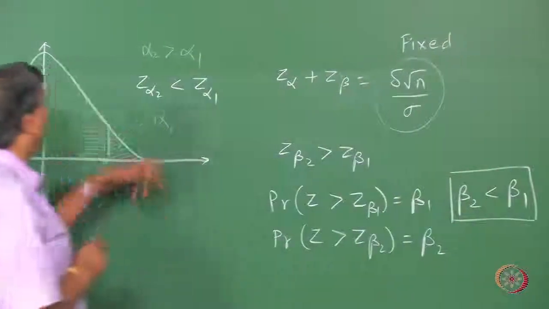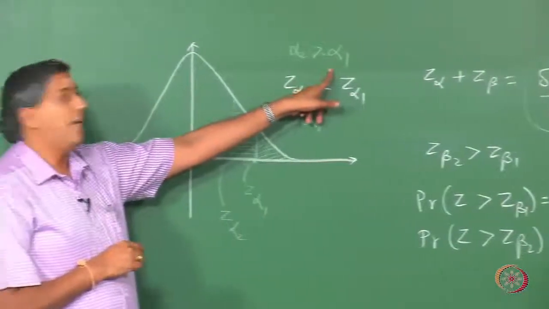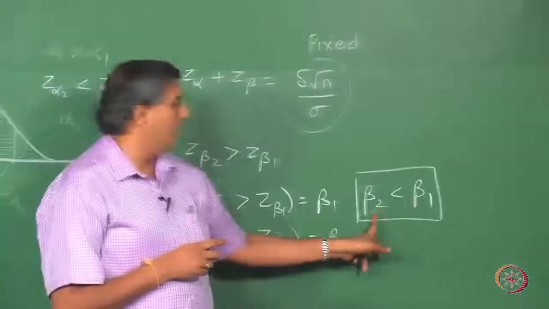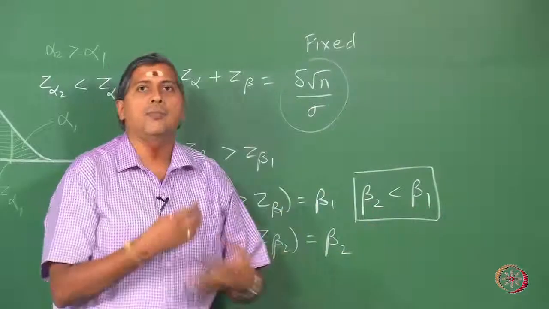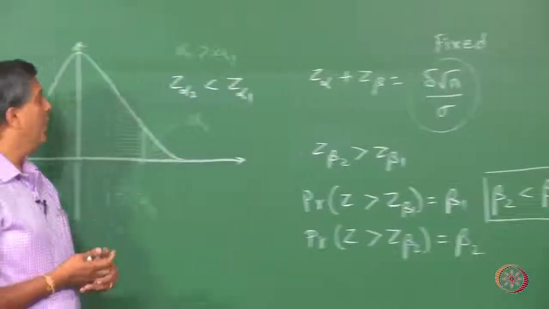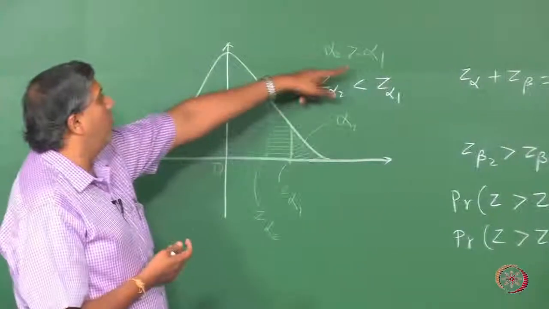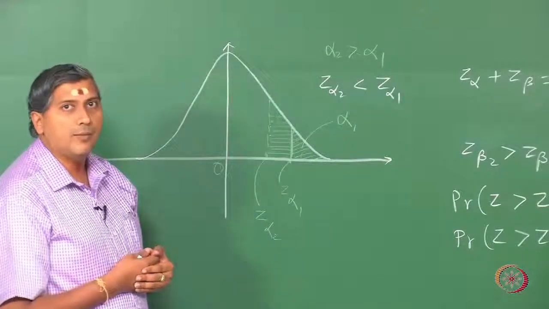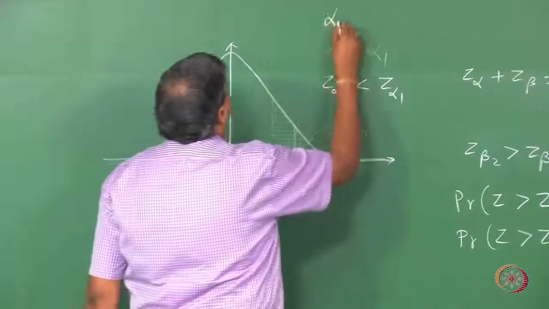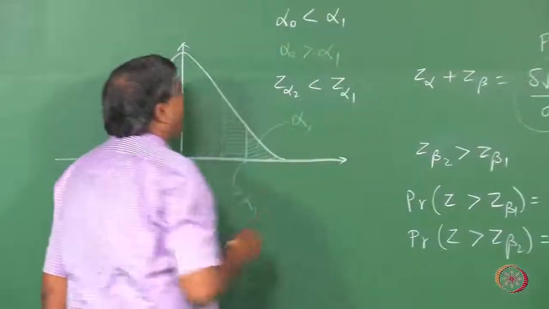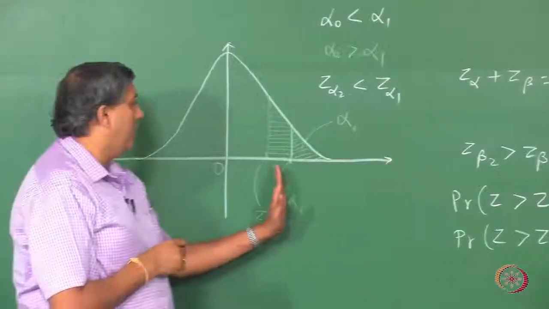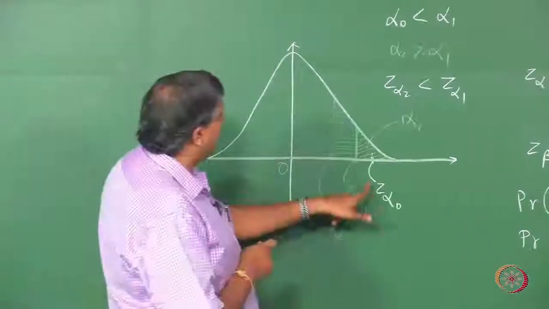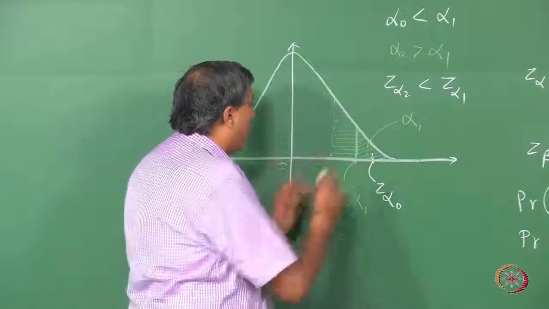So, when I increase the type 1 error from alpha 1 to alpha 2, I have produced a reduction in the type 2 error, and in a similar way you can argue that decreasing alpha from alpha 1 to some other value, let us say alpha naught, such that alpha naught is less than alpha 1, would shift this critical value to the right, that means take it farther away from the origin. Say this is Z alpha naught, it has moved away from the origin.